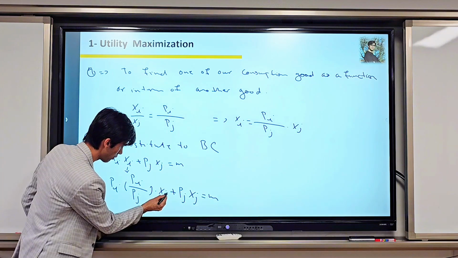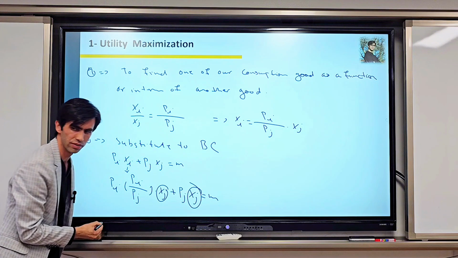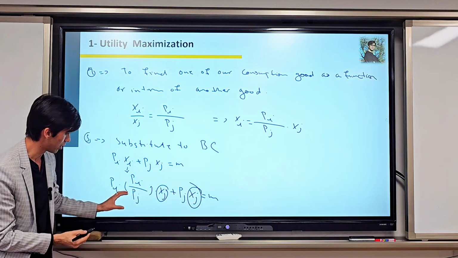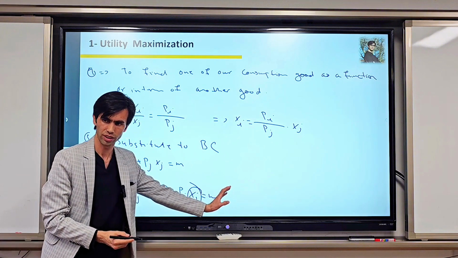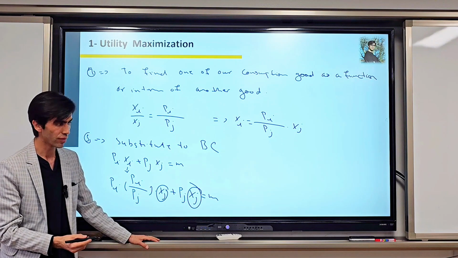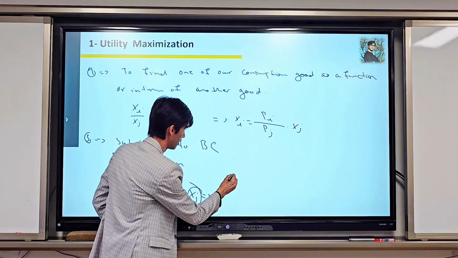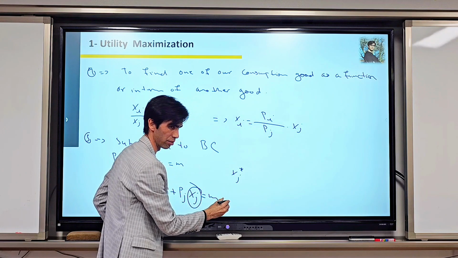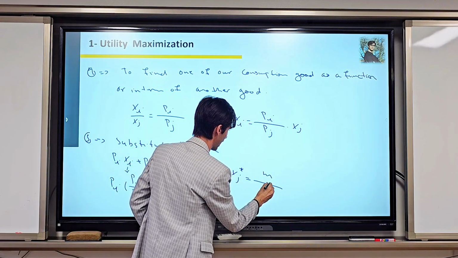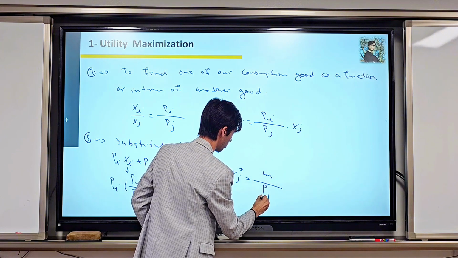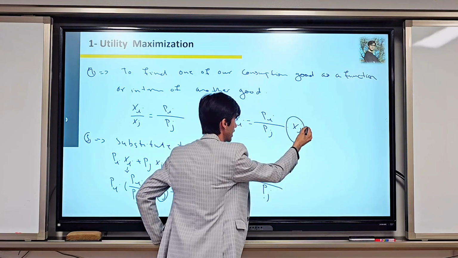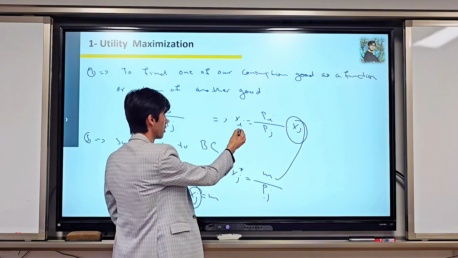Then we have only xj here. So we can move xj to one side and the rest to the other side, and finally we will find xj star. Then put this in instead of xj, and you will find your xi.